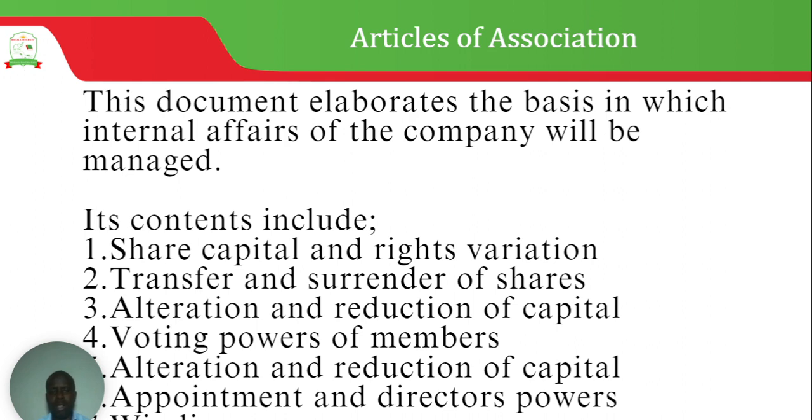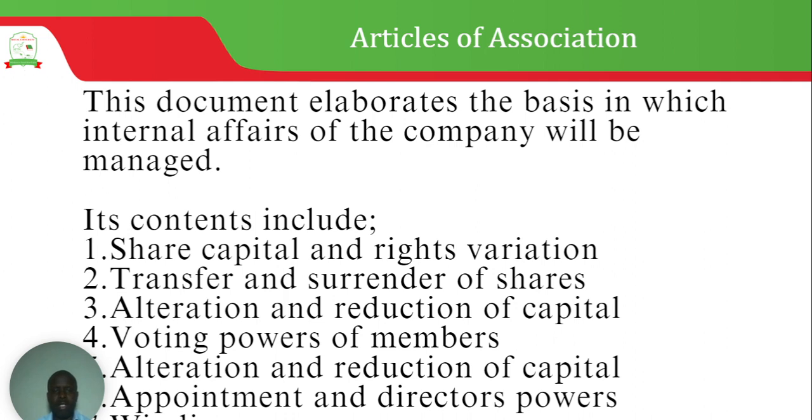And also, the other one is the transfer and surrender of shares. So in case shareholders need to transfer shares or surrender shares, the articles of association is going to dictate how the process is going to be carried out, and any limitations that we need to observe as transfer is being done.